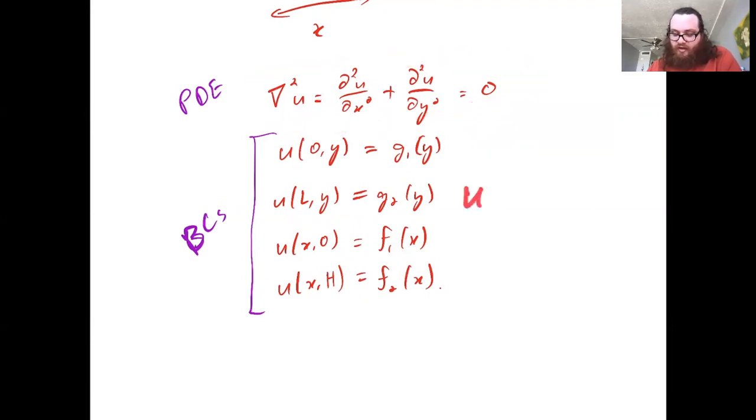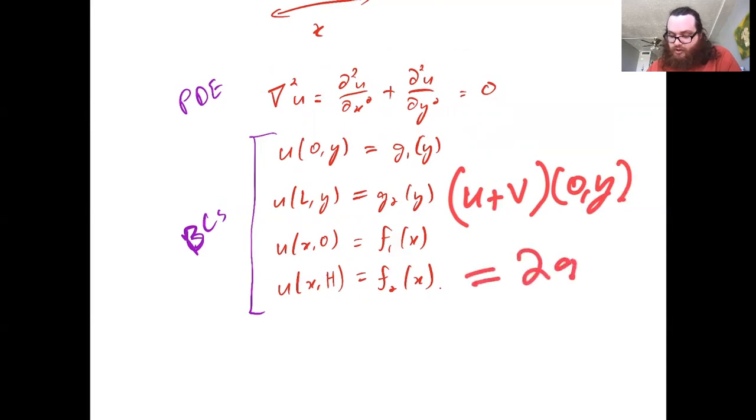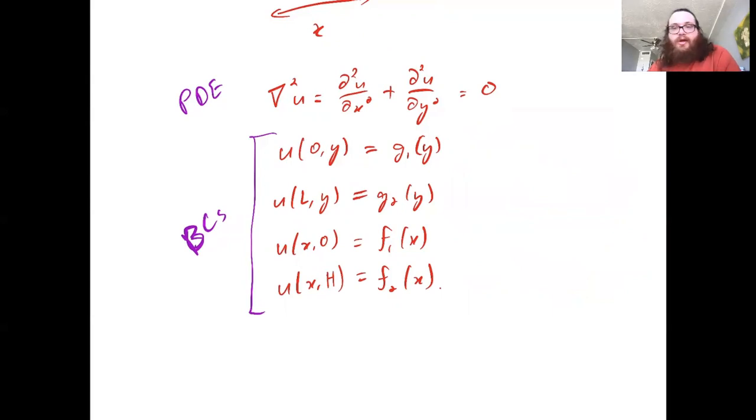But now, for example, U plus V evaluated at 0 comma y is going to be equal to 2g1 of y. So the sum of solutions will not be a solution, because we're working with non-homogeneous boundary conditions. Technically, we can't use the principle of superposition, or some of the other techniques we've worked with.